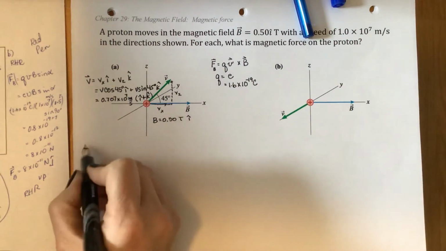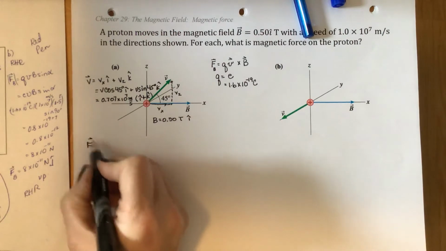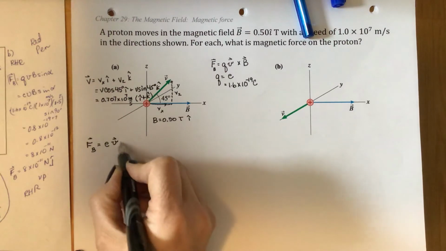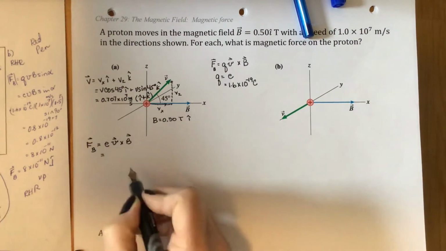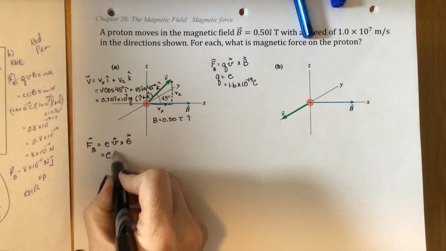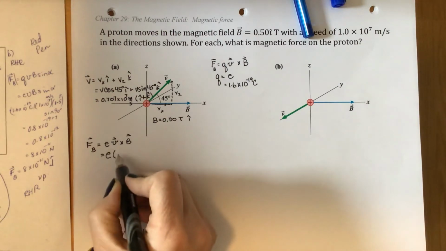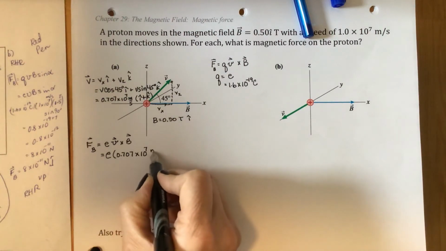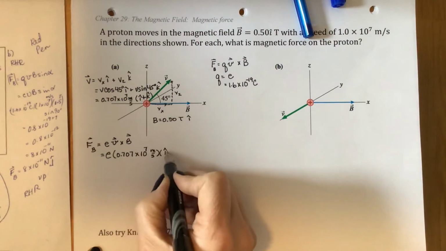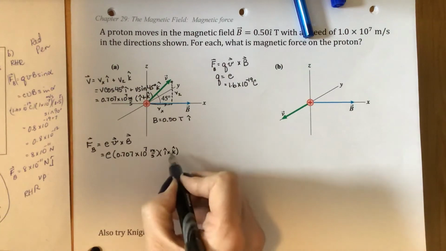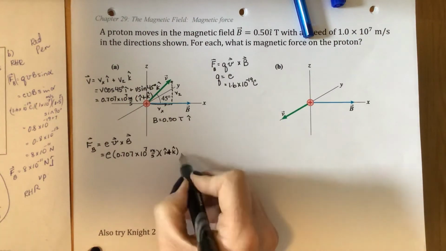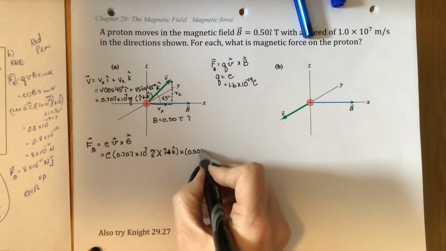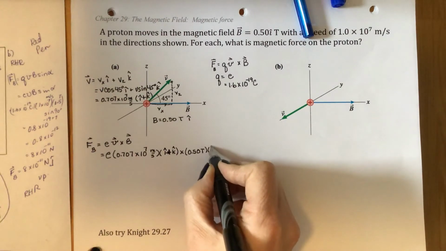FB equals, for Q, I'm going to fill in E. V cross B. Let's fill in what we have here. E, I won't write that one out just yet because it's a pain to write out. V is 0.707 times 10 to the 7 meters per second, that's I plus K, sorry, I plus K. That's going to be crossed with the magnetic field B, which is 0.50 teslas in the I direction.